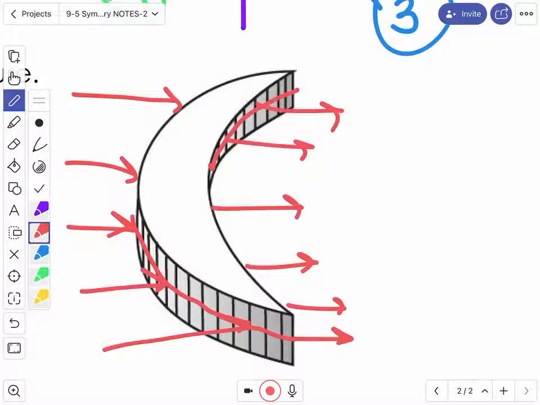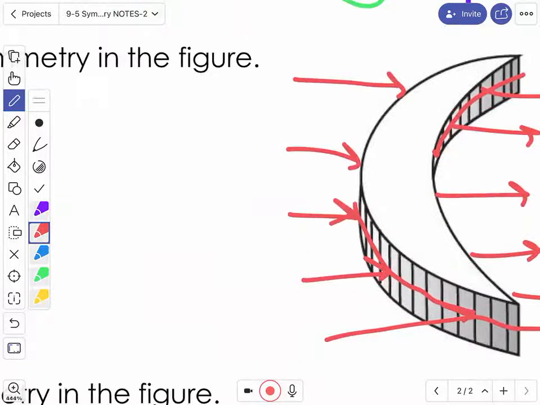So we have to kind of imagine if you were able to slice through this horizontally, take the top part of the moon off, the bottom part off, you still have identical pieces there from that slice. So that gives us one plane.